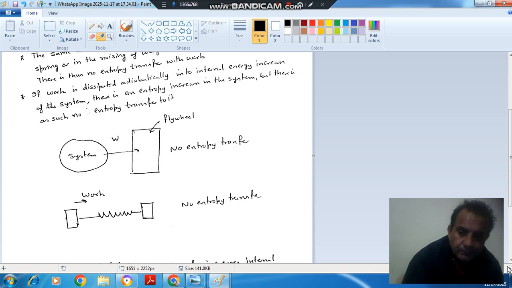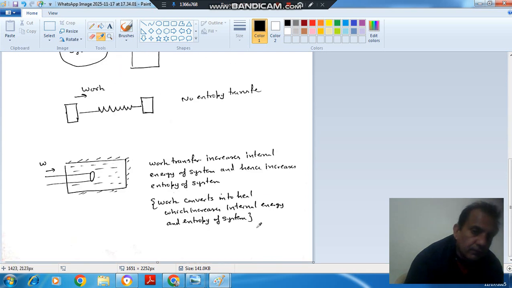But if we transfer work by this shaft to this fluid, the fluid will start rotating. Here the respective distance between the molecules of the fluid will change, which will cause an increase in temperature, or increase in internal energy, or increase in disorder of the molecules.